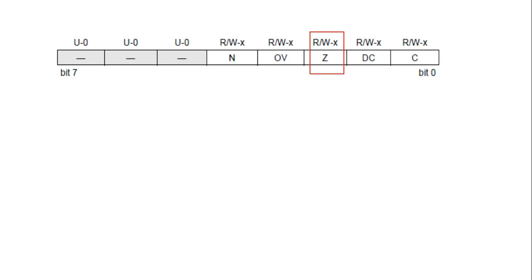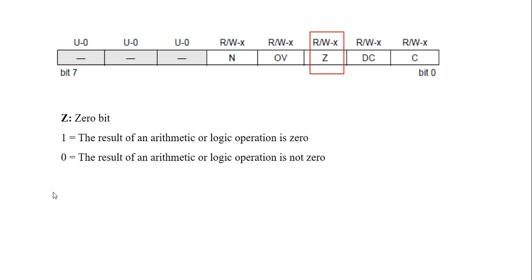Now the zero flag: when in any arithmetic operation the output is 0, that time this flag will be high. If the result of an arithmetic or logic operation is 0, the bit is 1. If the result is not 0, the bit is 0. When you are doing a subtraction and the answer is 0, the flag will be set, otherwise if the result is non-zero, it will be 0.